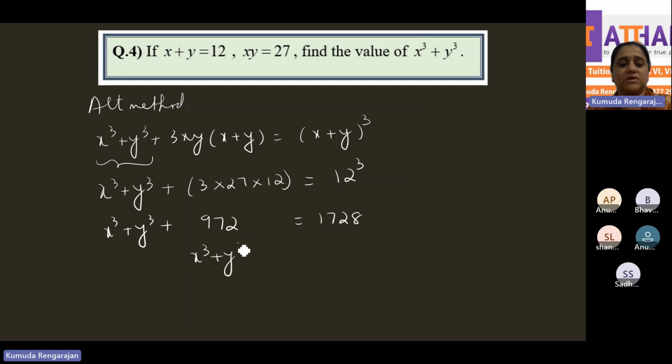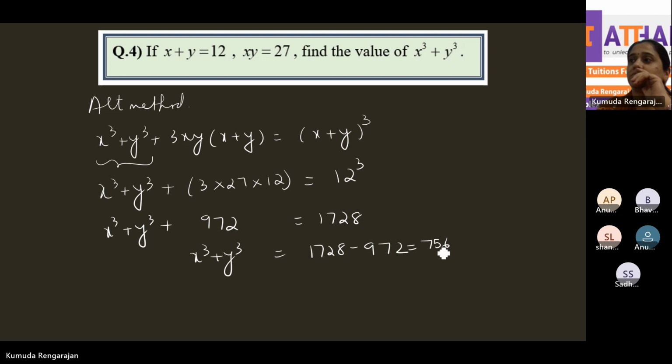So x cubed plus y cubed is equal to 1728 minus 972, which is 756. Done, children?